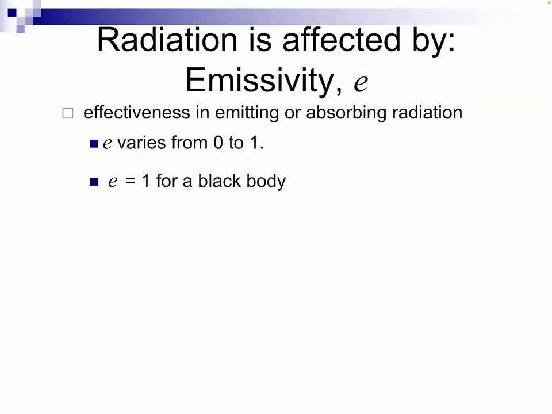Emissivity is also a property of the material which tells us how effectively the material can emit or absorb radiation. And since it's a property of the material, it will have some fixed value, but e varies only from 0 to 1.